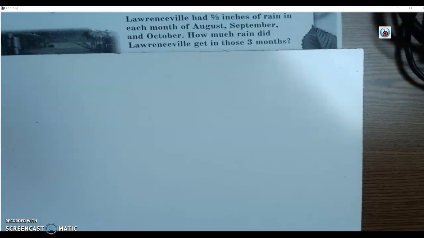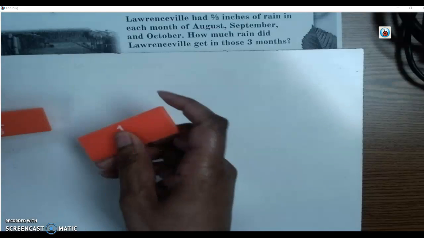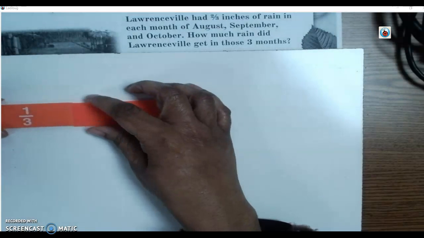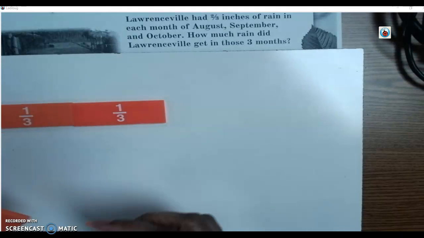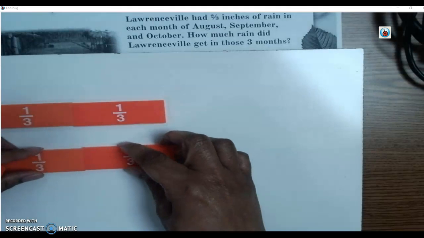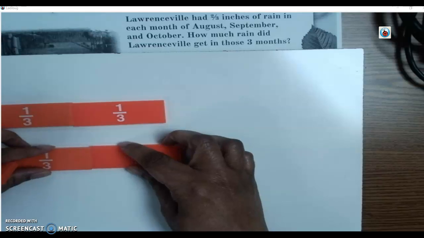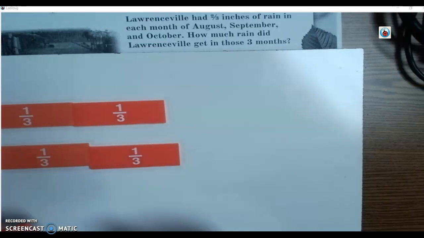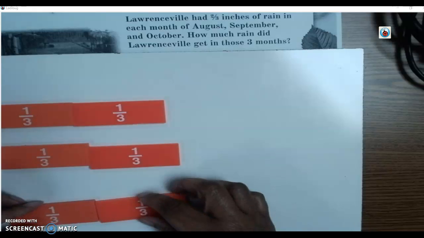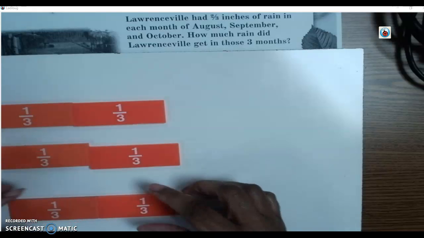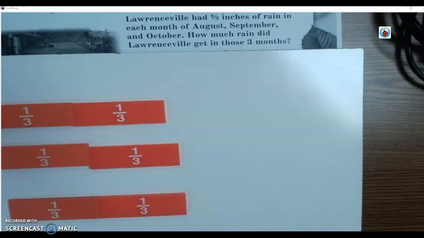So we see Lawrenceville had 2/3 of rain in August, 2/3 of rain in September, and 2/3 of rain in October.